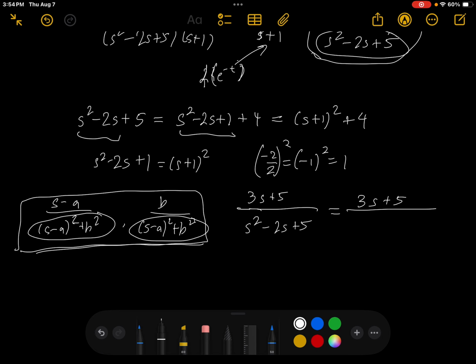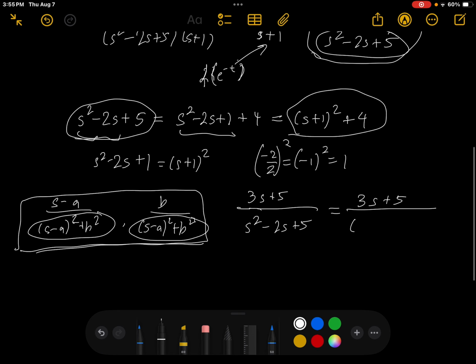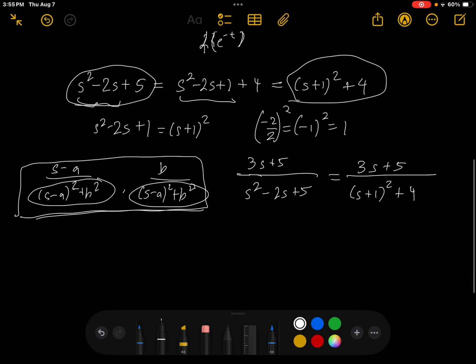And that's what we just did. We started out with s squared minus 2s plus 5, and we wrote it as s plus 1 squared plus 4. And this s plus 1 is s minus negative 1.